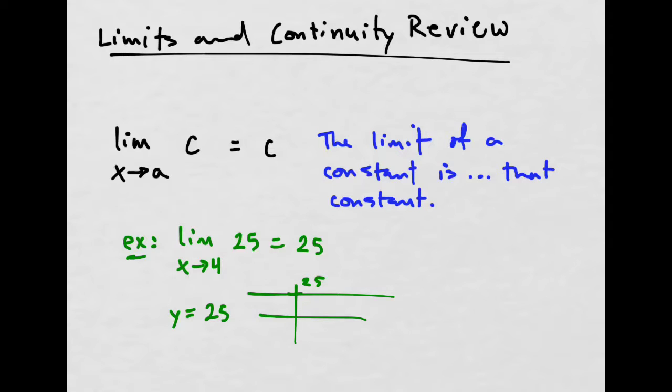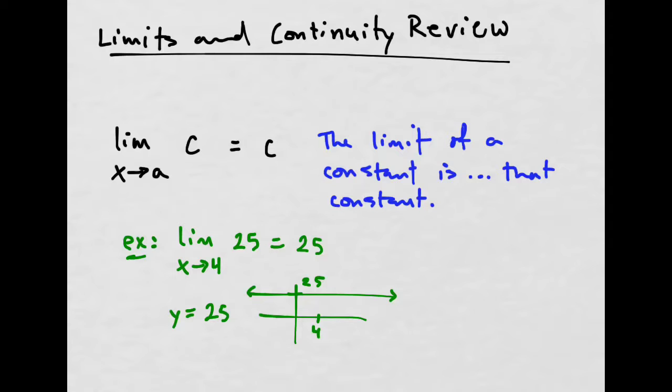Well, when x is 4, yes, y is 25. Or when x is 10, y is 25. When x is negative 3004, y is 25. So the limit of a constant is just a constant. And there we go. This is going to go fast, I hope, at least.